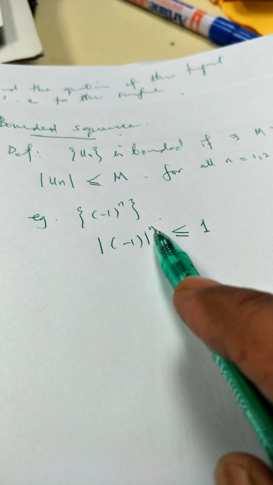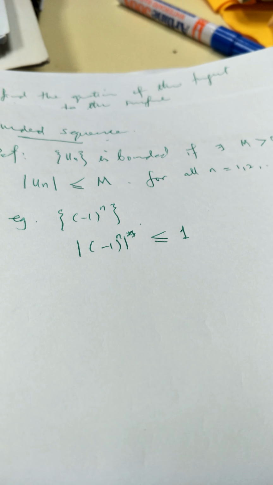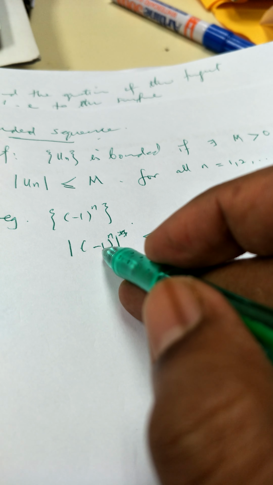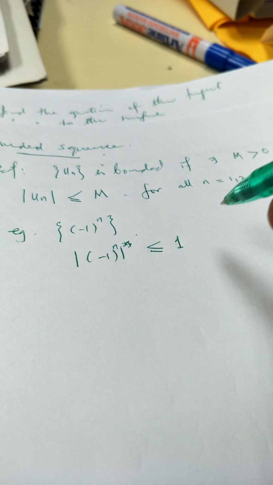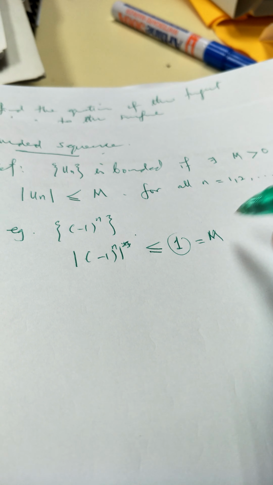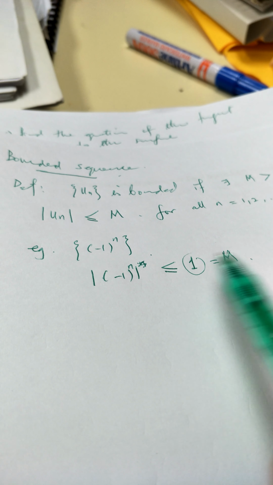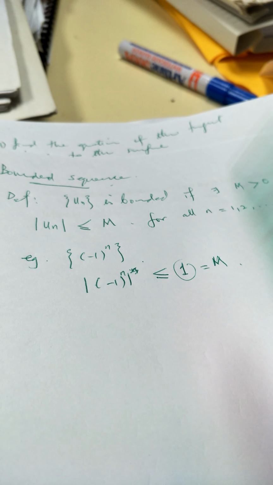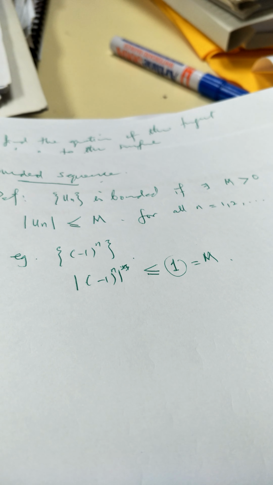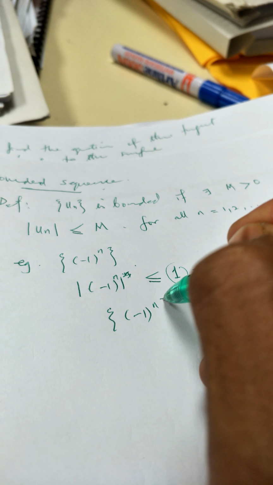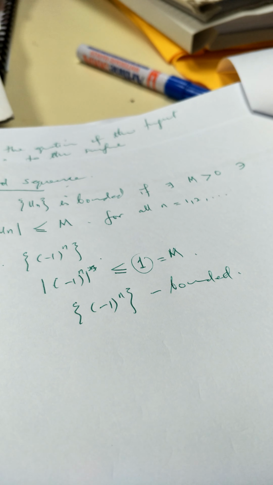When n is odd, you get -1. When n is even, you get +1. So this is our m according to this definition. There exists a positive number m such that the absolute value is less than that number. So we say this sequence is bounded. It's not convergent but bounded.